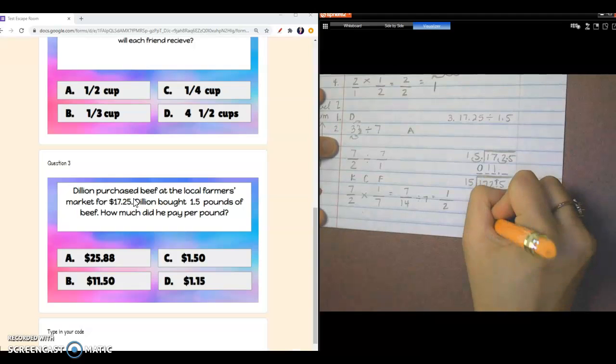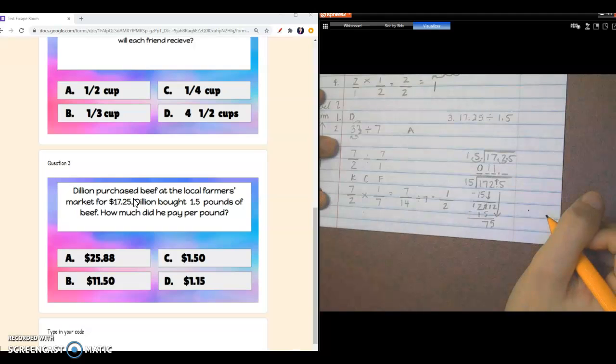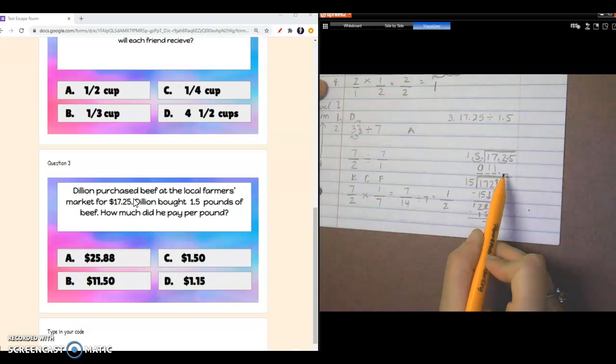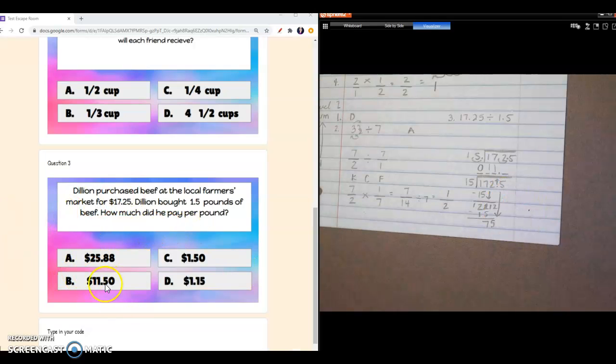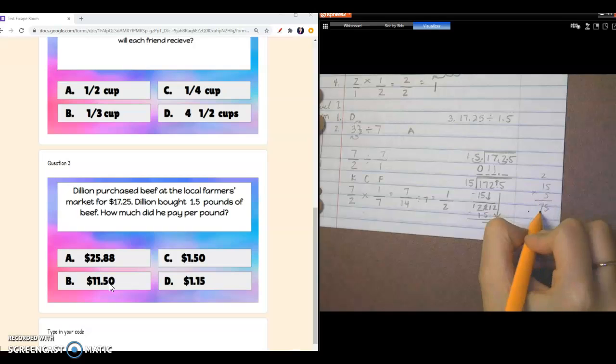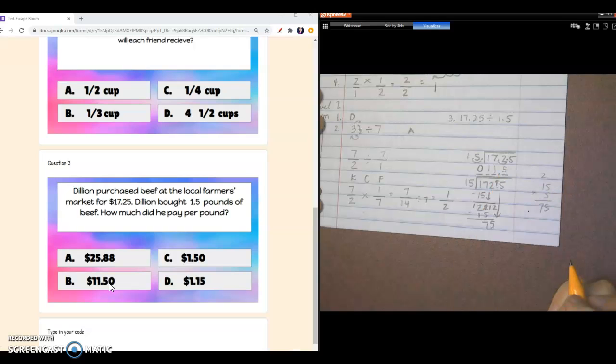Bring down my 5. And then if I look at my answer choices, I have 11 and then 8 decimal. And then the only answer that has 11 and then decimal is B. So 5 should be my next number. Well, if I check 15 times 5, we get 75. So it goes 5 times. So my answer would be B.